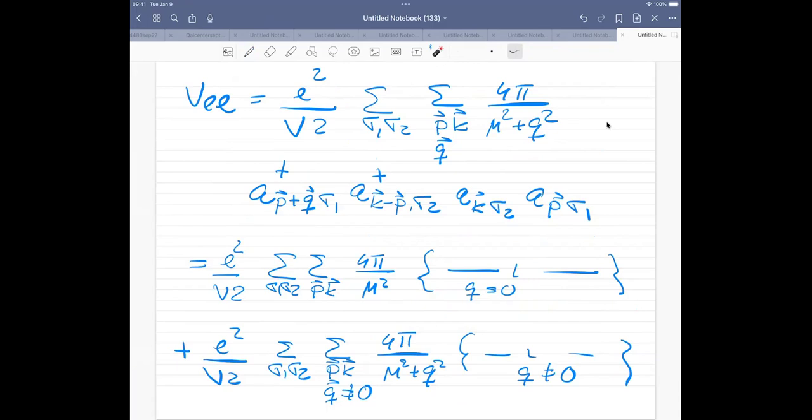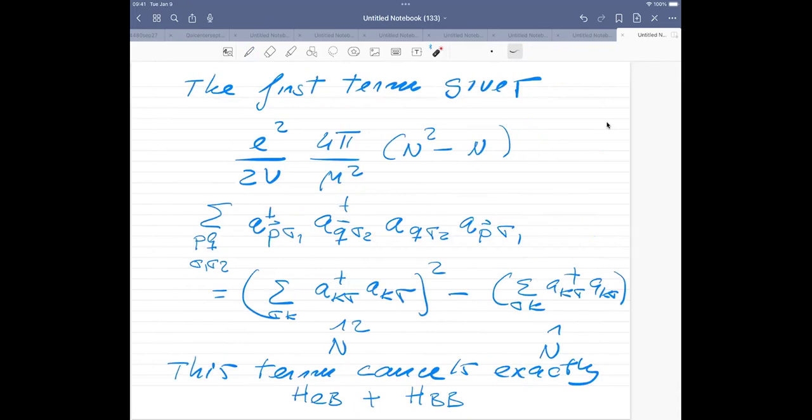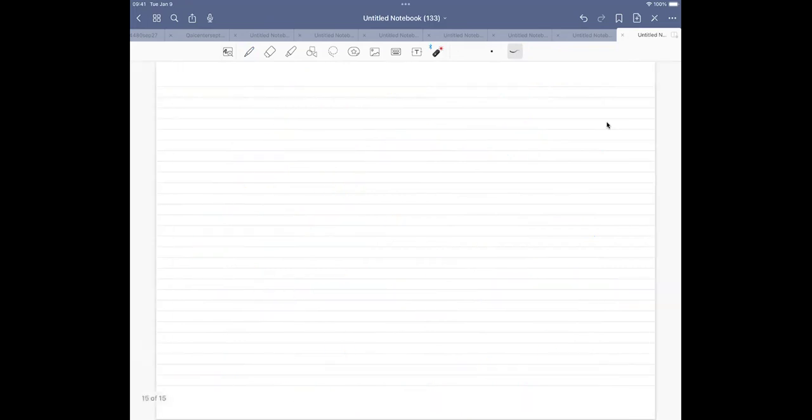So what we need to calculate is the vacuum to vacuum expectation value. If I now take phi 0 of V electron of phi 0, this is just going to be the vacuum to vacuum expectation value of that specific quantity which we put up.